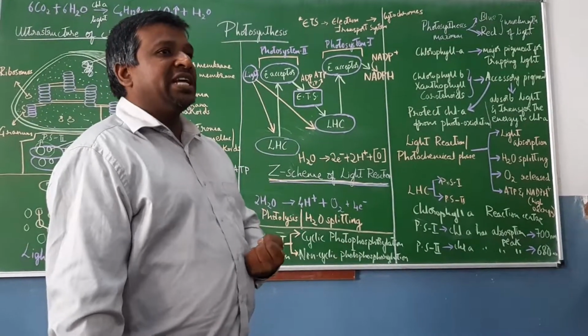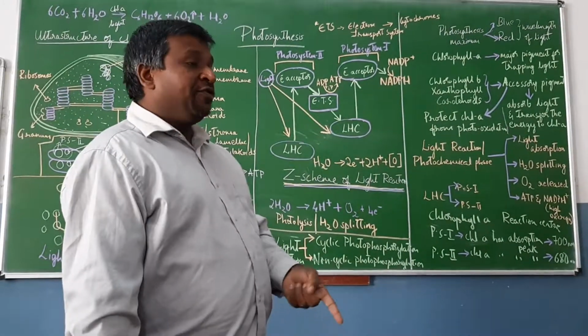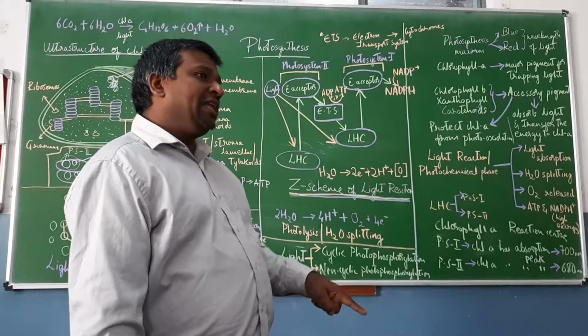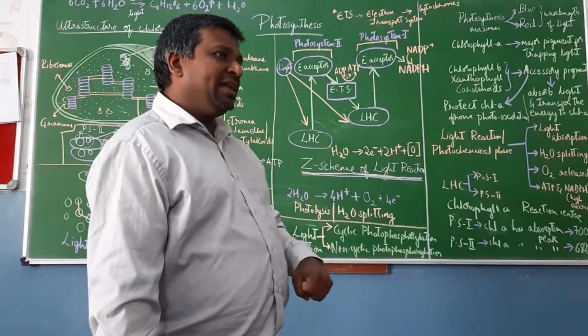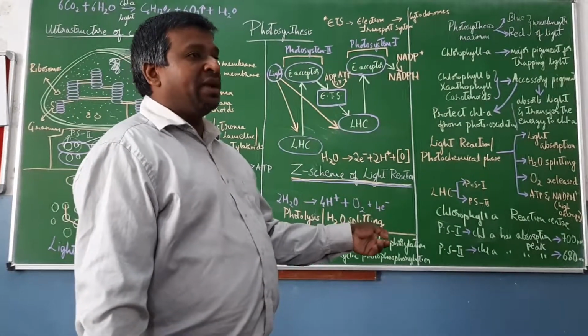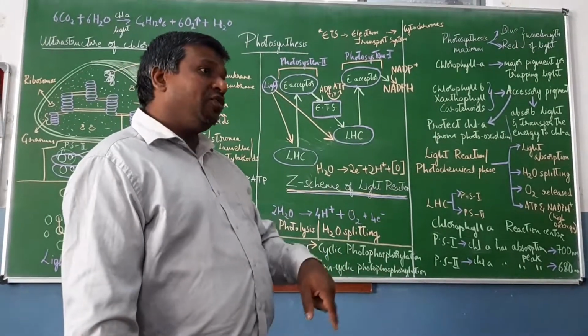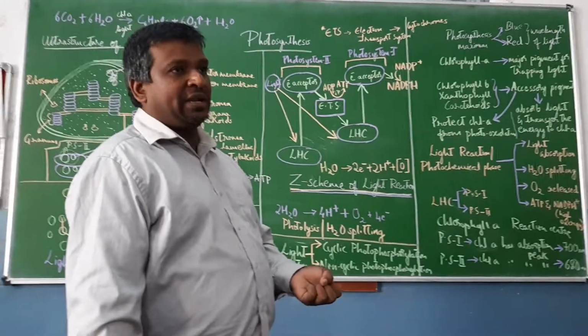What pigment is present in the reaction center? Chlorophyll A. In photosystem 1, the reaction center chlorophyll A absorbs 700 nanometer wavelength of light. But in photosystem 2, they absorb 680 nanometer wavelength of light.